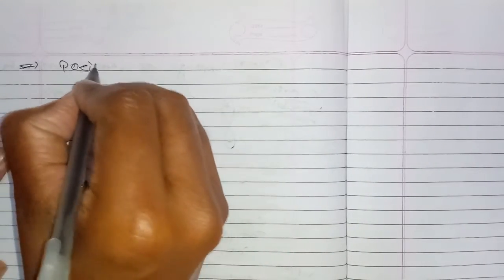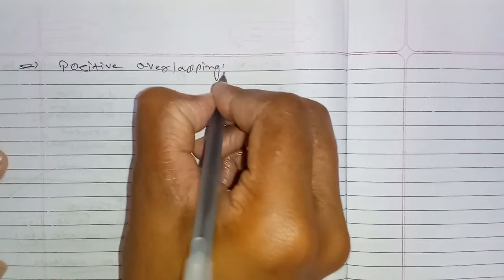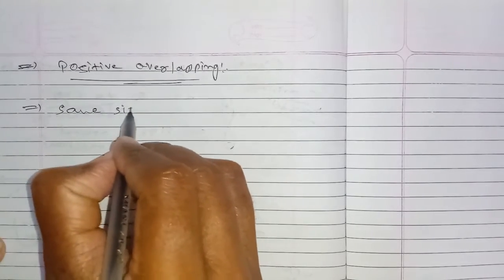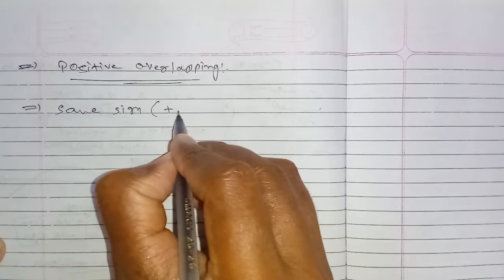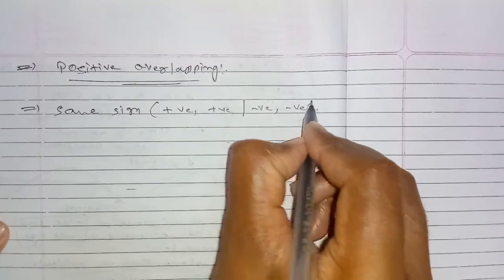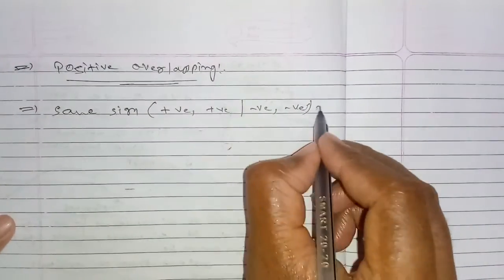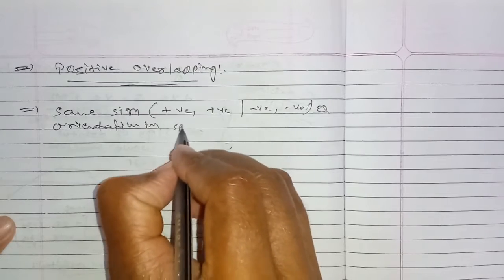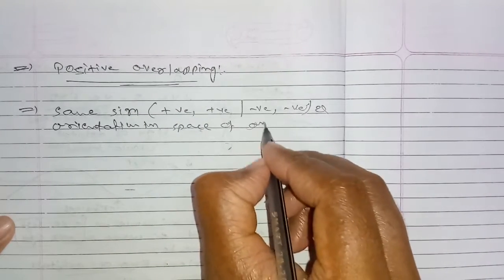Now the positive overlapping: the bonding surfaces have the same sign, that means positive with positive or negative with negative, and the orientation in space of the orbitals.